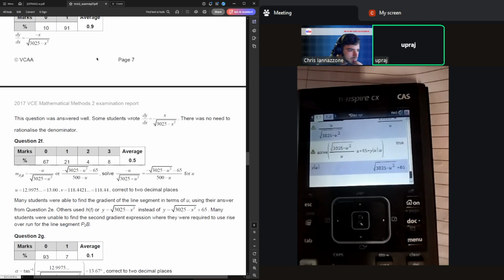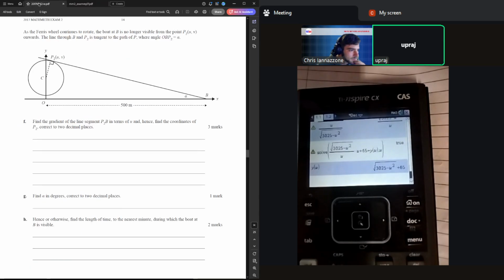Yeah, now it's just a matter of how do you identify that that's what you do in this circumstance? It is a bit sneaky over here. I guess whenever you're getting equations for gradient and straight lines are involved, there's always going to be some form of ability to create a rise over run version of that same gradient.